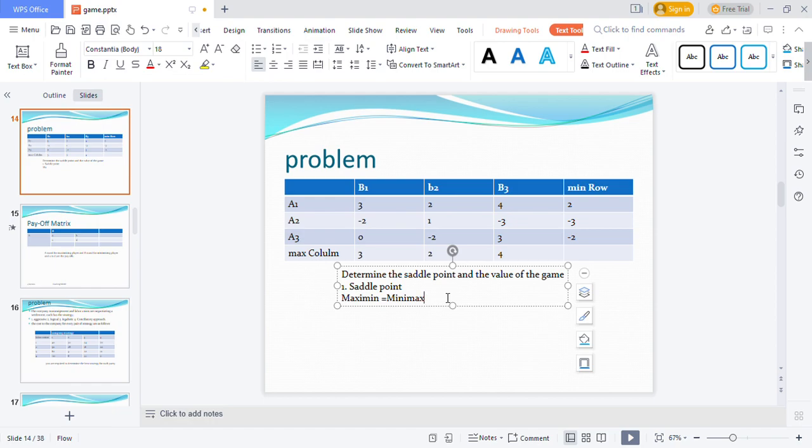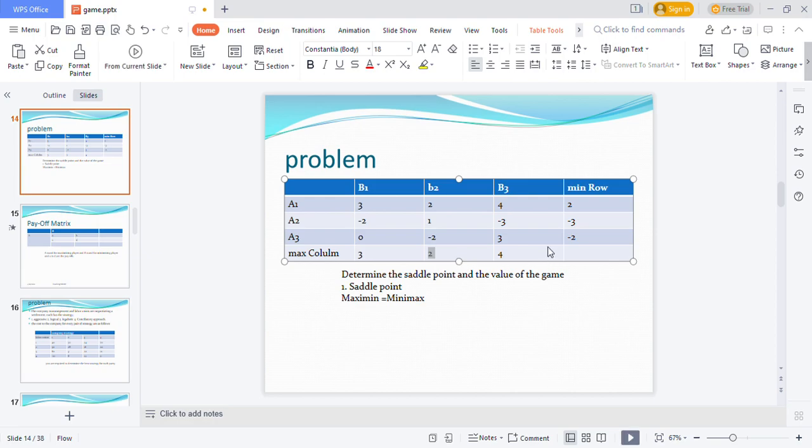In our case, if you look very keenly, in the row minimums we have 2, -3, and -2. In the column maximums, we have 3, 2, and 4. There is a value which is appearing on both sides, which is 2. So our saddle point becomes 2.